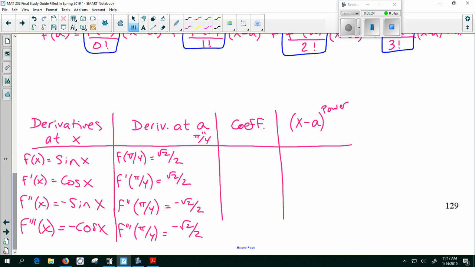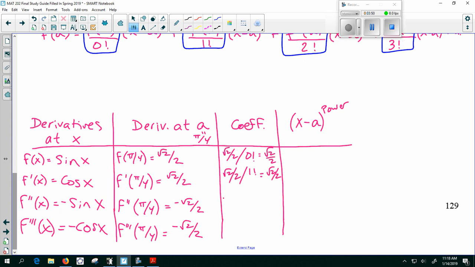Okay, so then my coefficient is my derivative over a factorial. So this first one is over 0 factorial. So root 2 over 2 over 0 factorial is just root 2 over 2. The next one is over 1 factorial. So I have root 2 over 2 over 1 factorial, which is root 2 over 2.